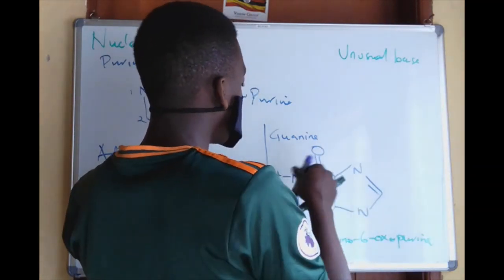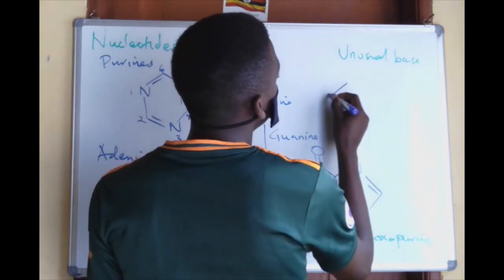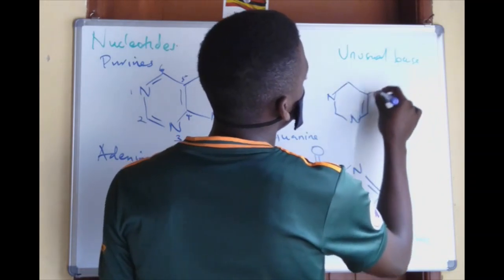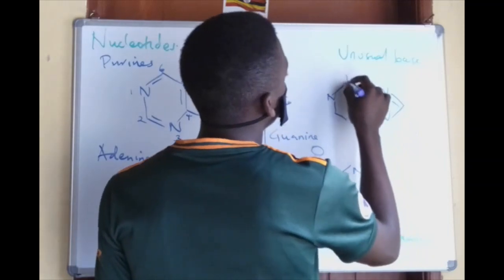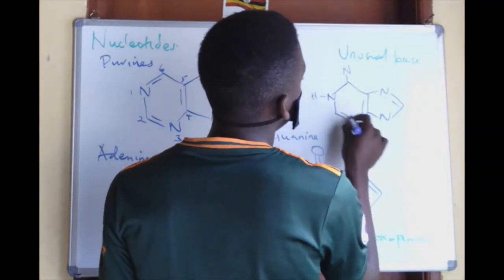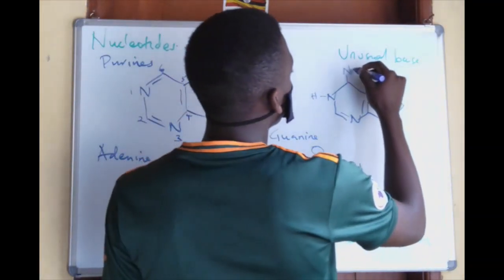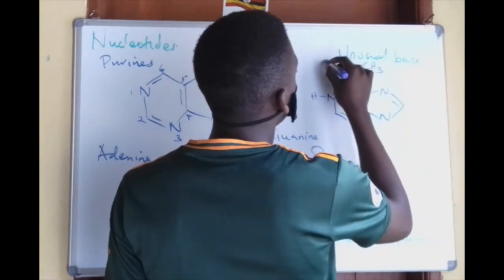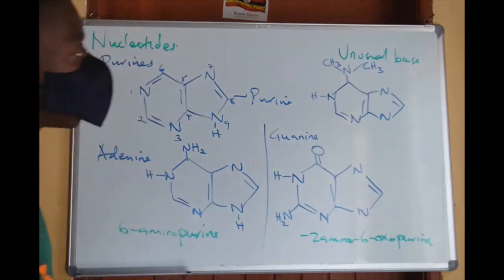You can have adenine like this, with an H there. This N can receive a methyl group and another methyl group, like that.